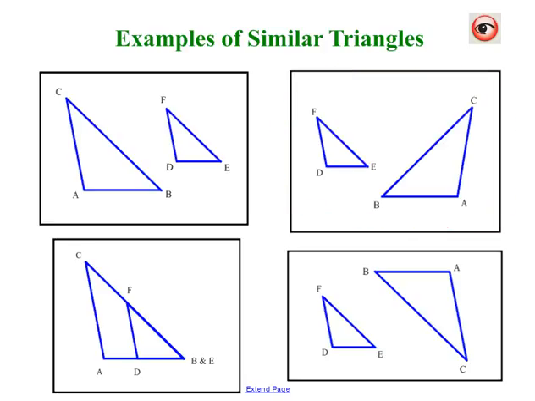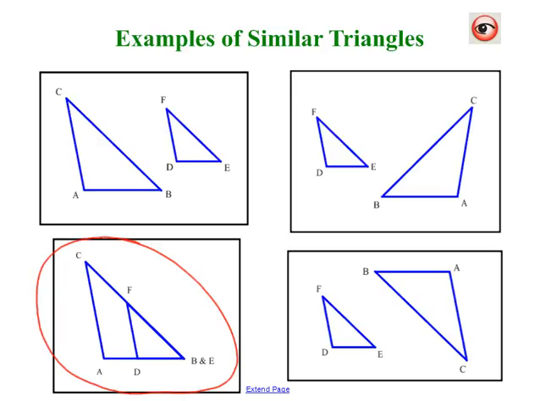Let's look at our third box, bottom right. Again, these are the same two triangles. However, triangle ABC has been flipped upside down. They are still similar triangles. And our final box is probably the most tricky scenario, where one triangle is inside of another triangle.